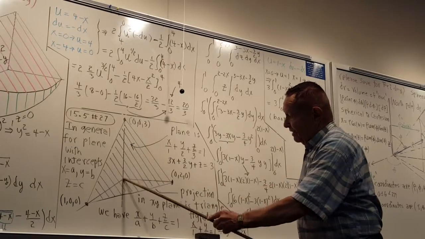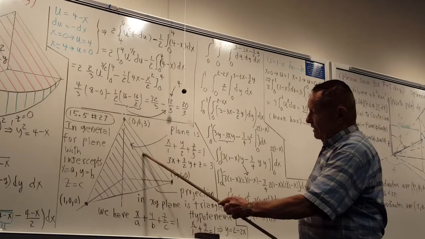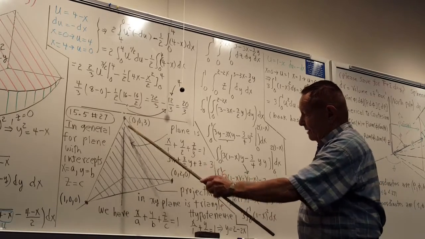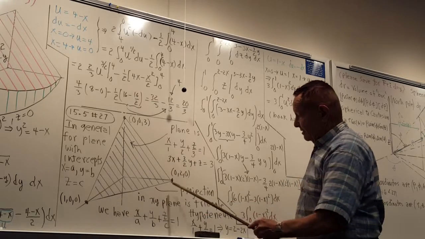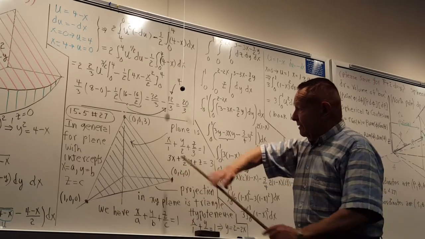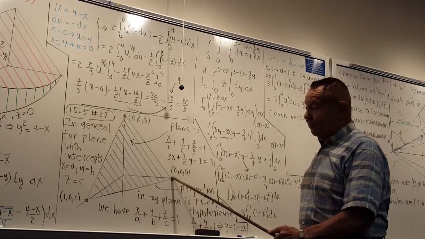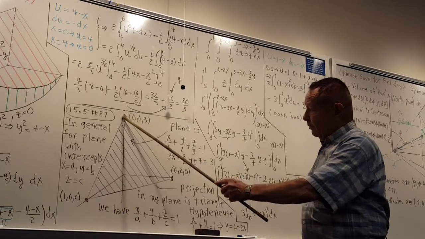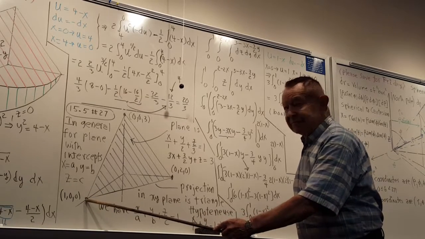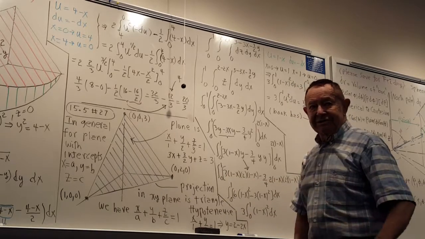One face is the triangle back here in the XZ plane. One face is the triangle back here in the YZ plane. And the third face is a single plane where it's cutting the three coordinate axes at the points which are one out for X, two over for Y, and three up for Z.